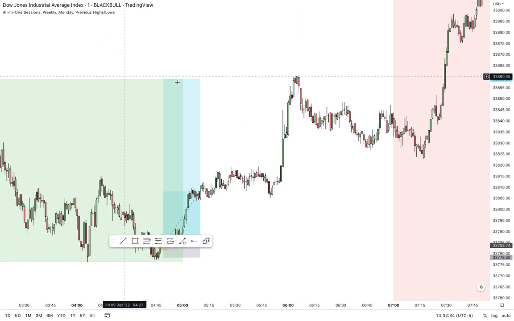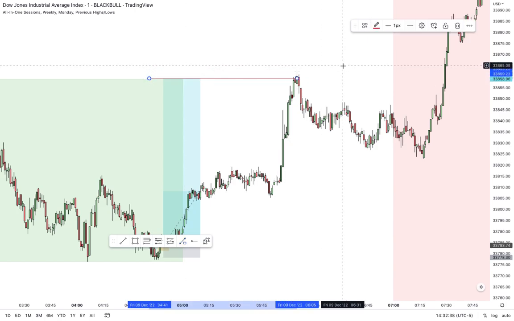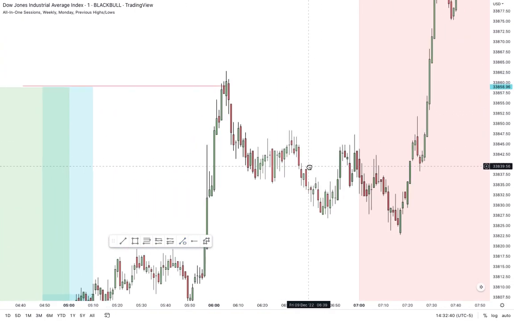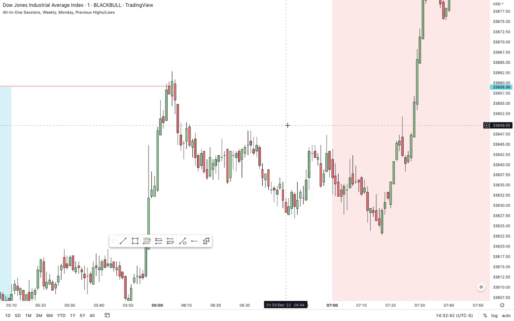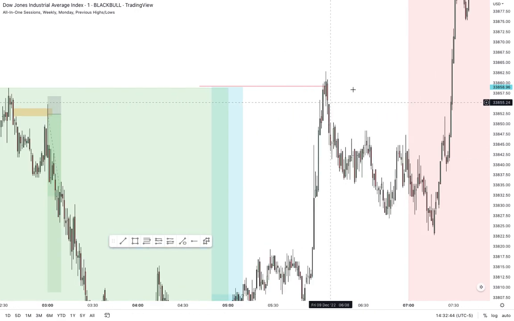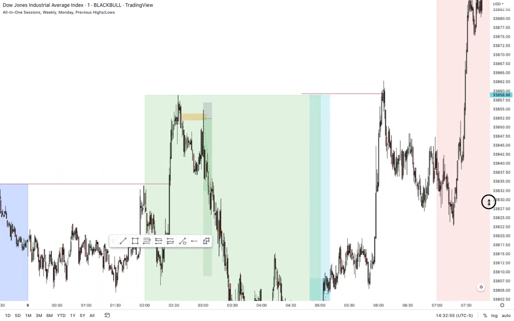So after this London Killzone highs, once we swept these highs, I was looking for a short. This short entry would have been with 0.30 or 0.50% of my risk, because you know the reason.